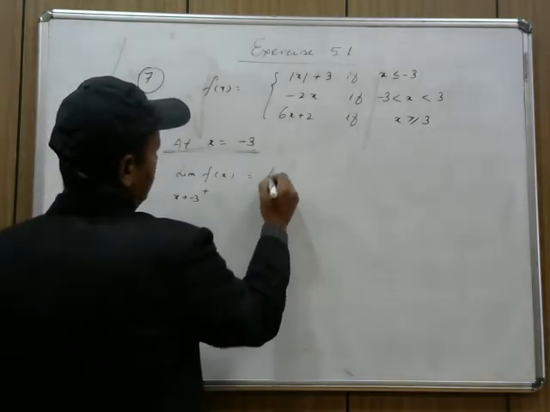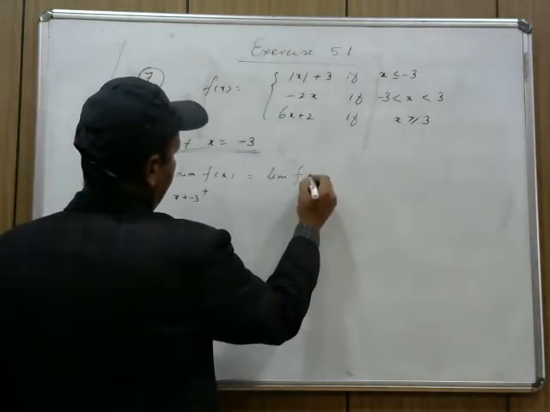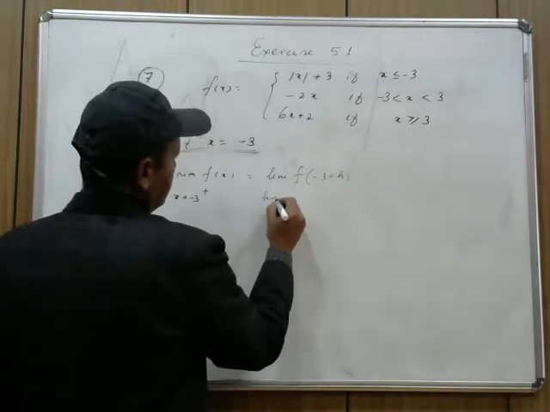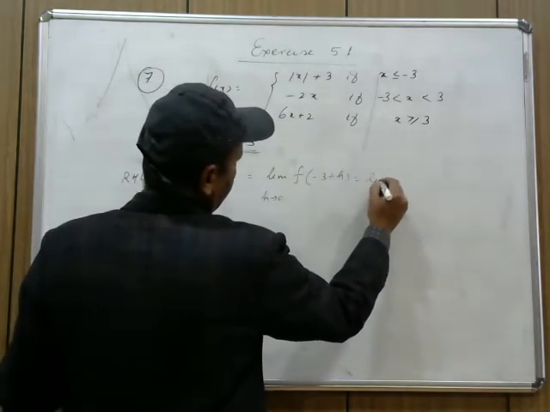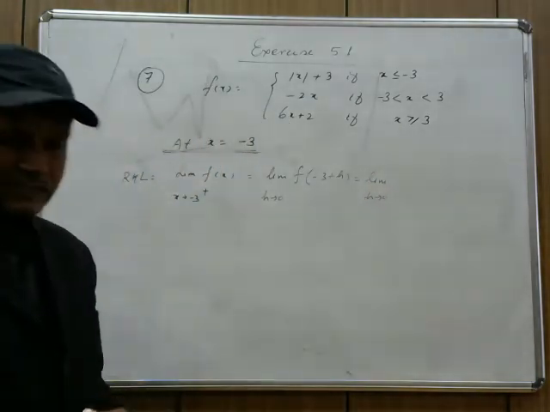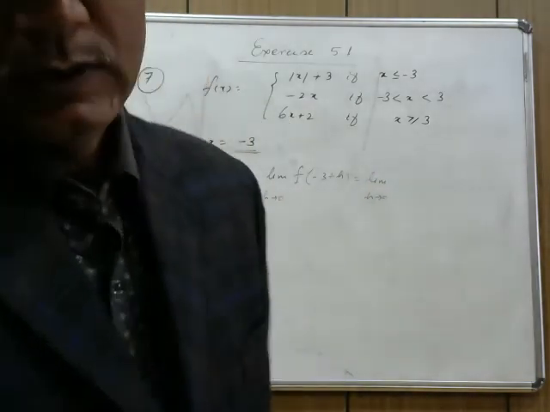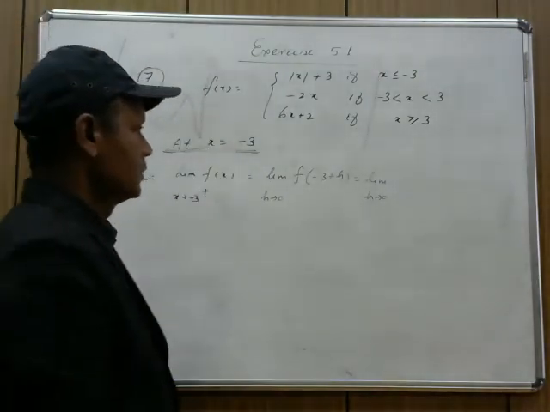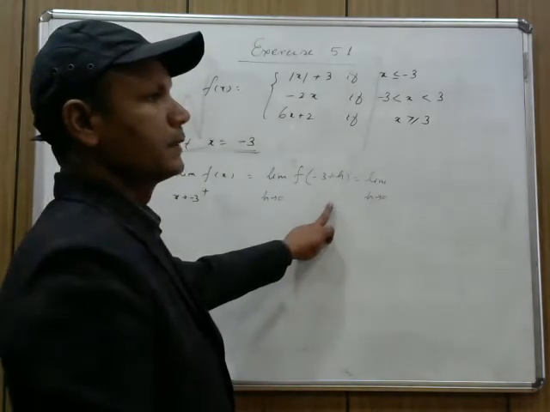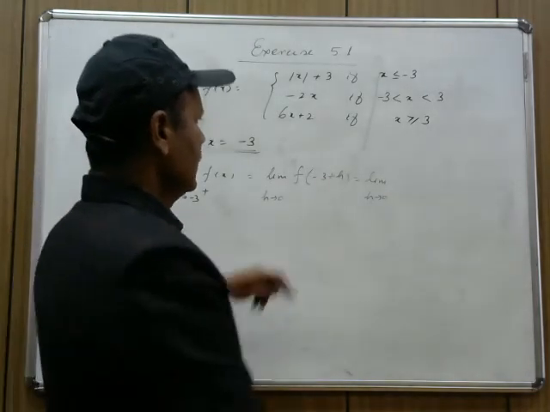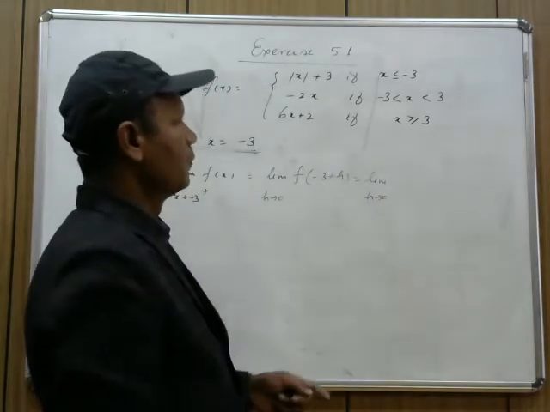Now this is equal to limit f(minus 3 plus h) as h tends to 0. Now minus 3 plus h, that means what? Just more than minus 3. When it is just more than minus 3, x is greater than minus 3.